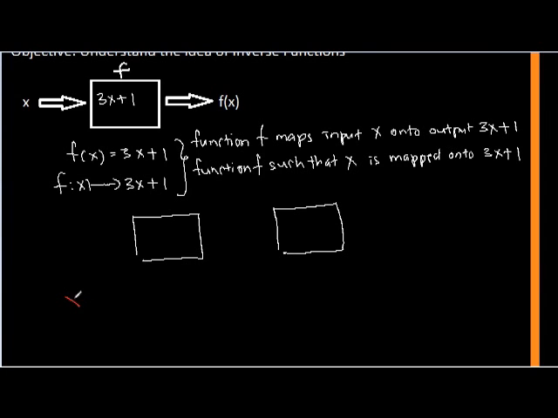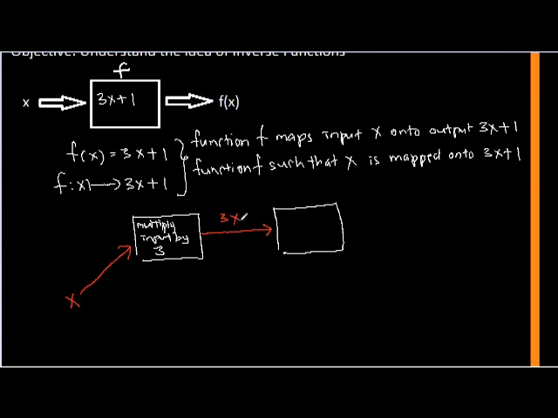Firstly, when we feed x into the first machine, it will go through a process called multiply input by 3. So the output here is 3x.